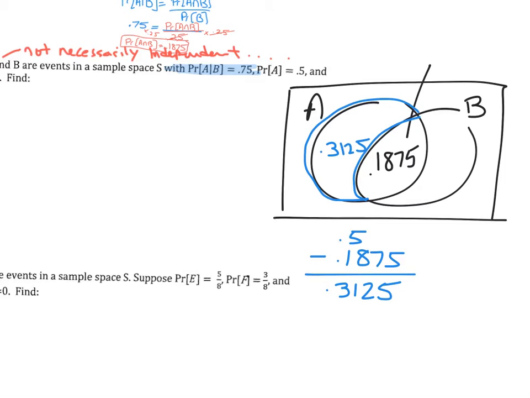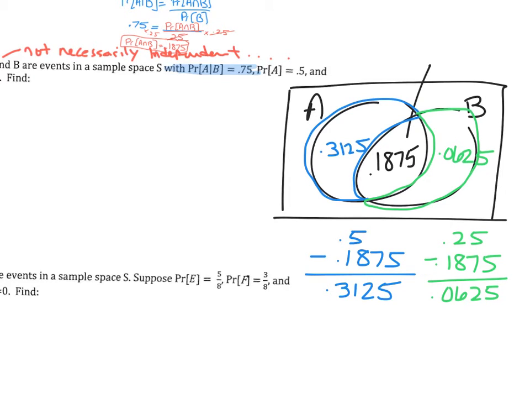And we do the same with B. We said that 0.25 was in B. Subtract out what's already there. So in this only B region over here.